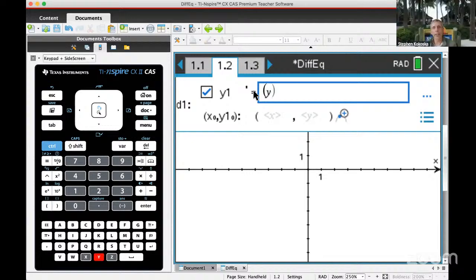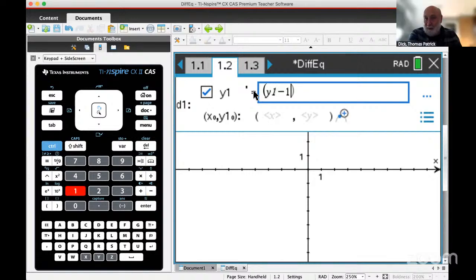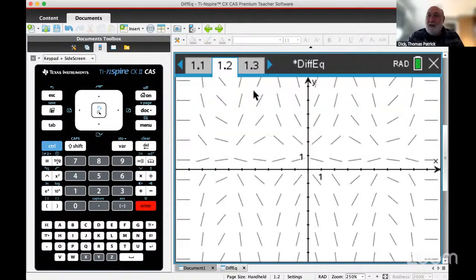I'm going to put in y1 minus 1 to refer specifically to that left-hand side, and that will be times the sine of x. Okay, there we go. Hit enter, and we get a slope field. So this is a nice slope field. It's something we could plot other functions on top of.